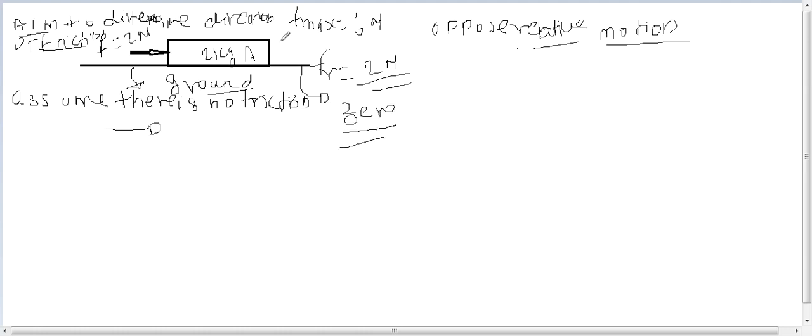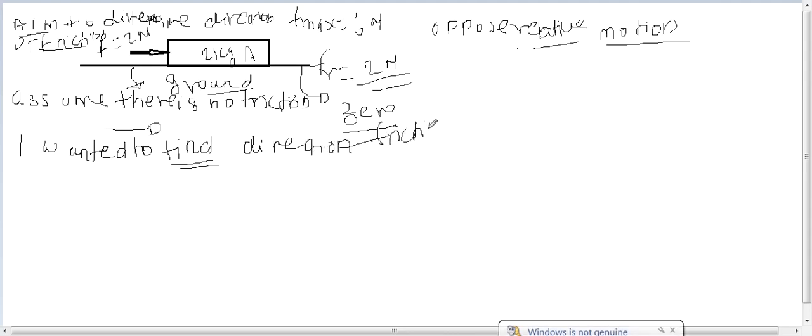So I wanted to find the direction of friction force on block A. What should be the direction of friction force on this block A?